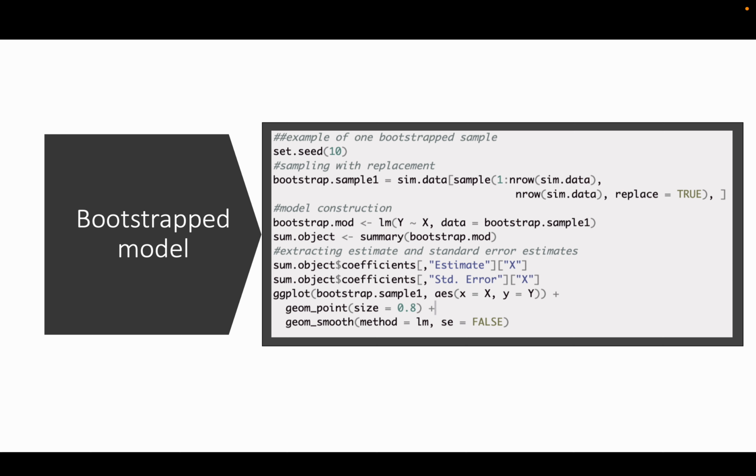In this case, we are sampling with replacement, which is the essence of bootstrapping. Then we are constructing a linear regression model using the bootstrapped sample. Following the construction of the linear regression model, we are extracting the beta coefficient estimate and the standard error from the summary and the coefficients object corresponding to the x explanatory variable.